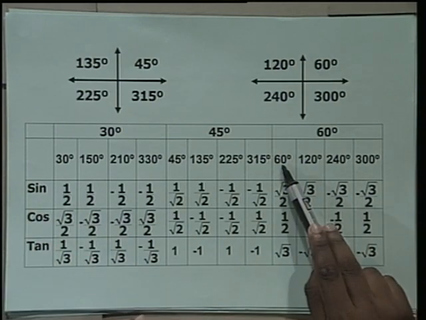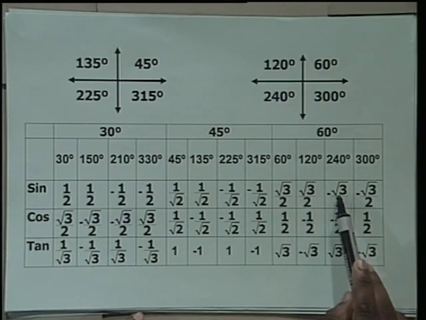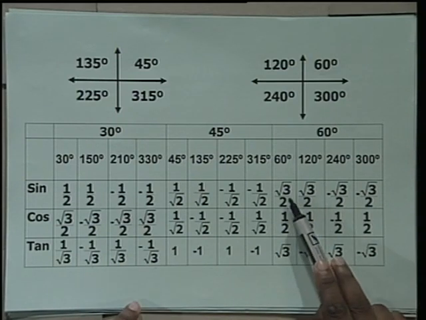The sine value of 60 degrees and the related angles has a magnitude of square root of 3 by 2, and cos of 60 degrees and the related angles will have a magnitude of half. Tan of 60 degrees and the related angles will have a magnitude of root 3, but the sign will change. So you will have to memorize this exact form.